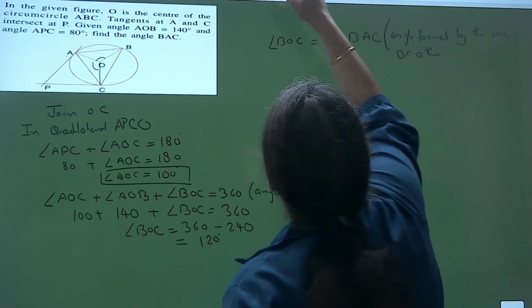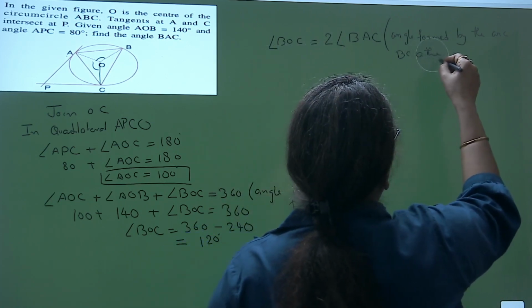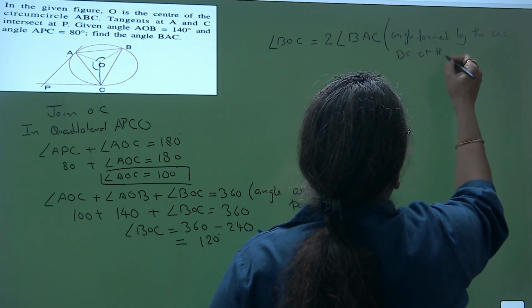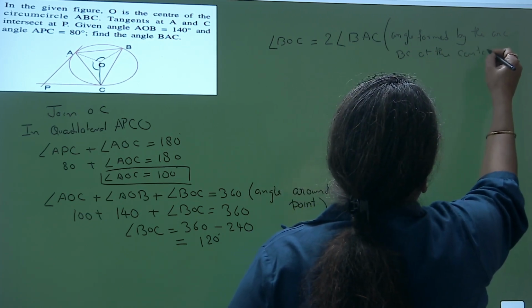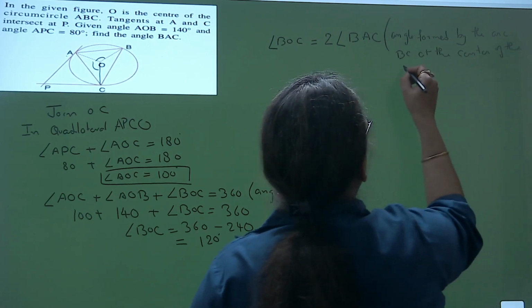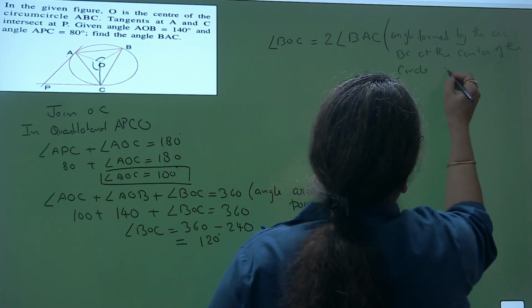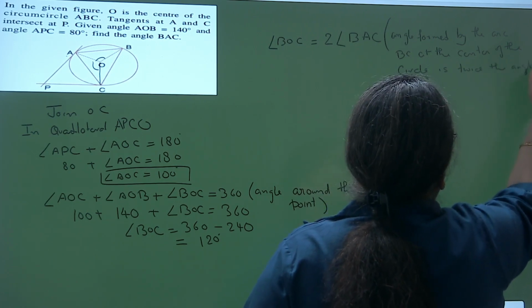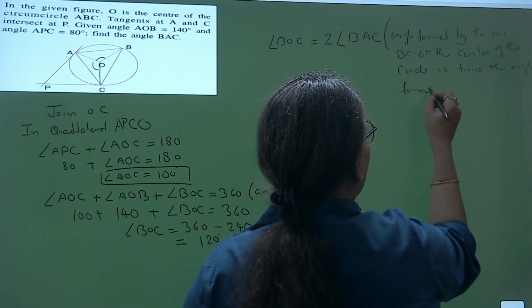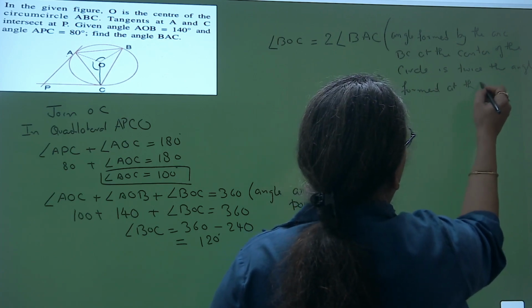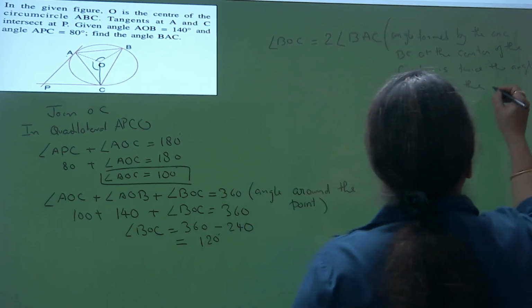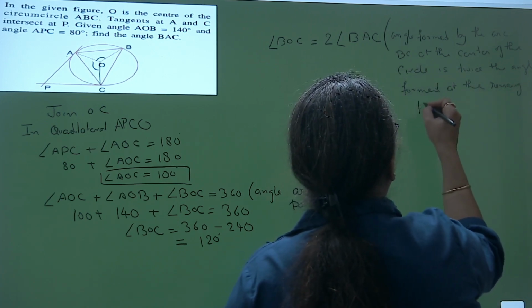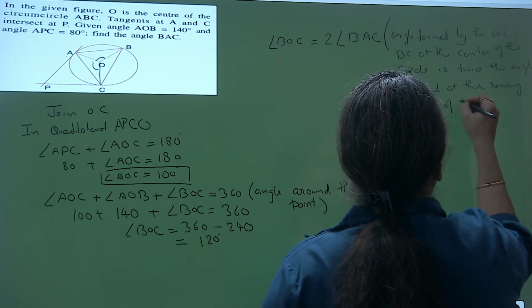The angle formed by the arc BC at the center of the circle is twice the angle formed at the remaining part of the circumference.